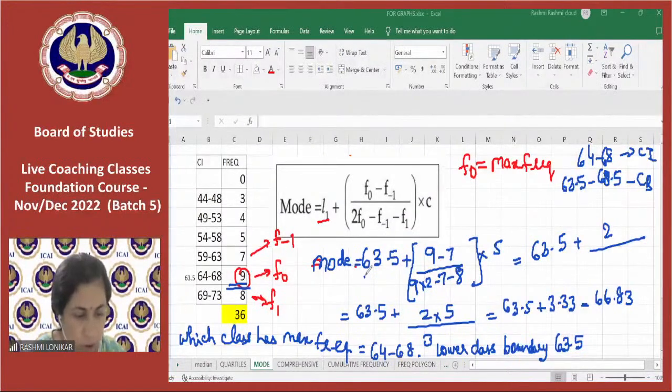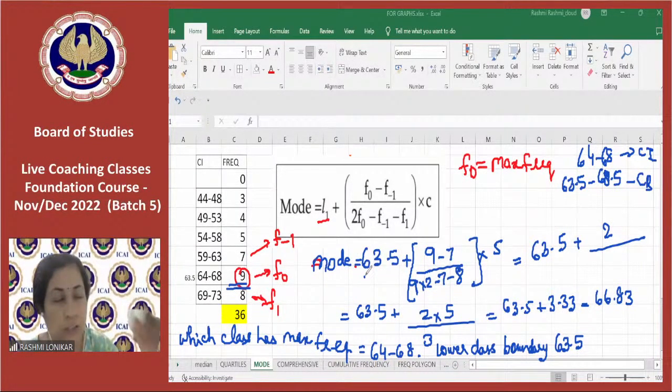Yes, Bibu, I have already done that. Ashdeep, you don't have a choice whether you want to write it approximate or not. Whatever 4 options are given, which is the option which is nearest to your answer, you have to take.